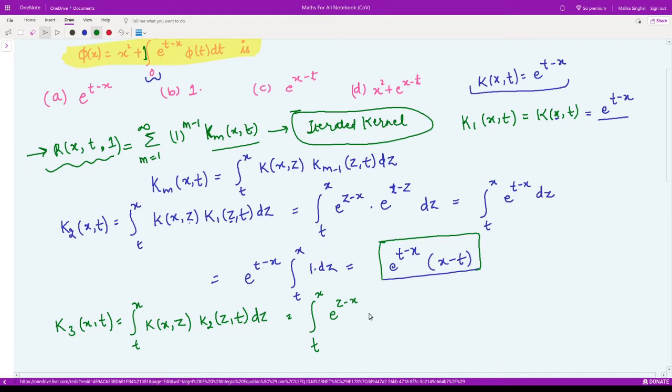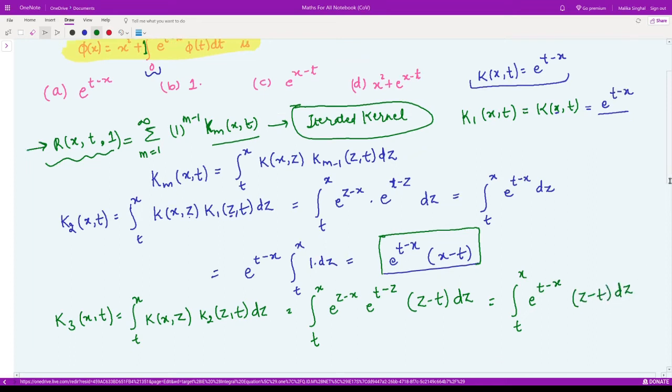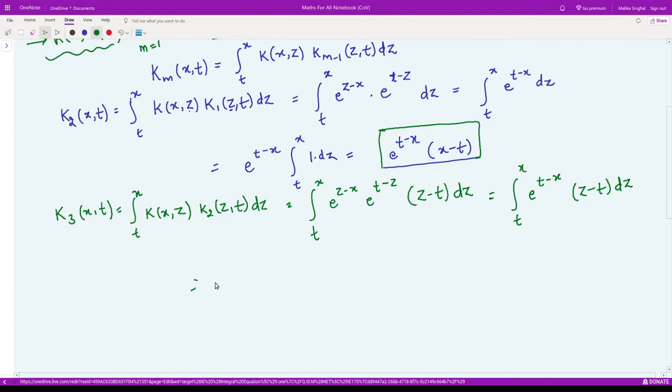So what would we obtain? e to the power t minus z, z minus t dz, right? So again we are having integration from t to x. Here it would be e to the power t minus x and here we are left with z minus t dz. So this exponential term could be taken out from the integral sign, right? We are left with integration from t to x of z minus t dz. What would be that?